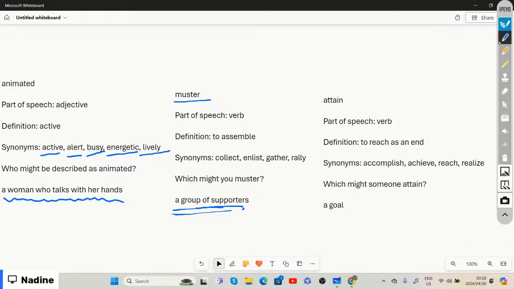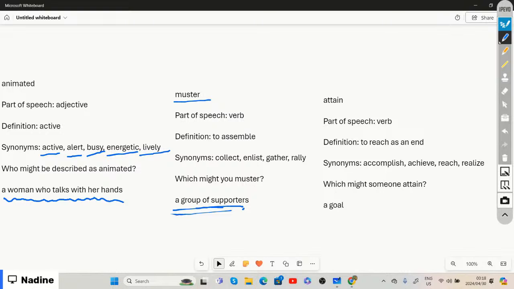Then we have the word attain. All right. Now we're going to the next one. We said attain, right? Attain. And the part of speech of attain means it's a verb, it's a doing word.